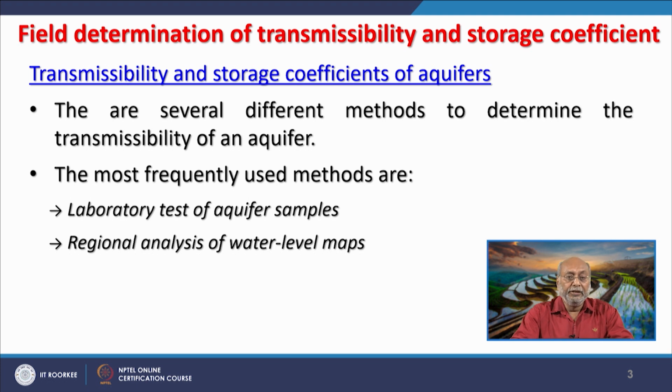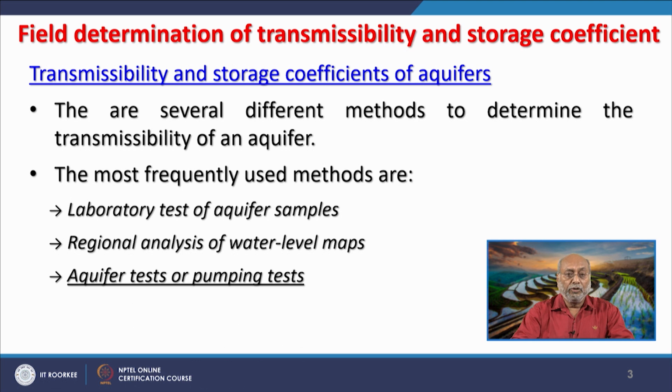And geologically it is sometimes possible to create geological cross sections, and the subsurface condition can also be understood to a large extent. So, geological maps or regional analysis of water level maps can give a lot of insight to achieve our target, which in our first example is transmissibility and storage coefficient.